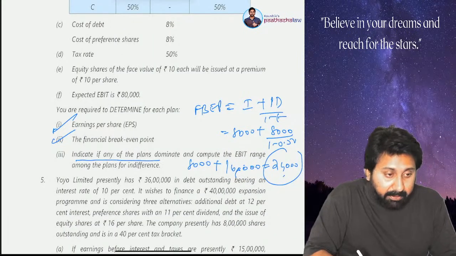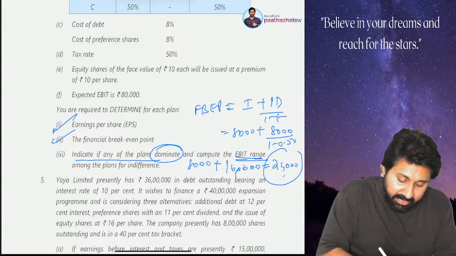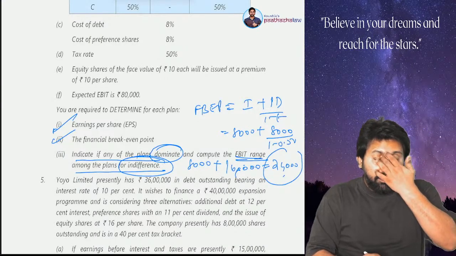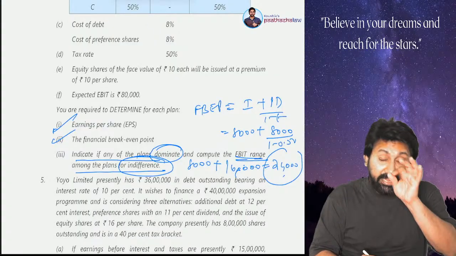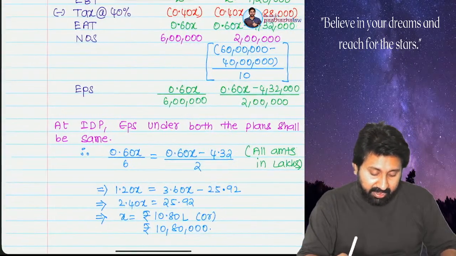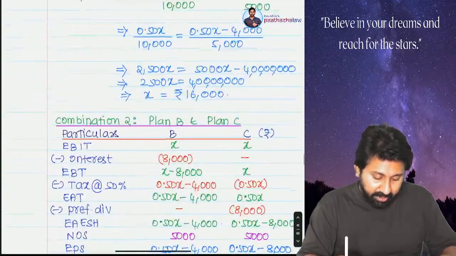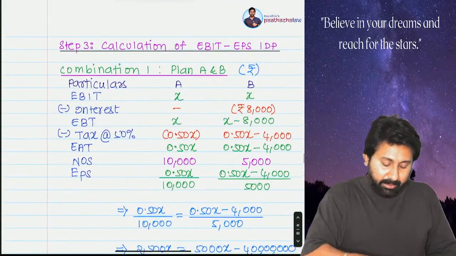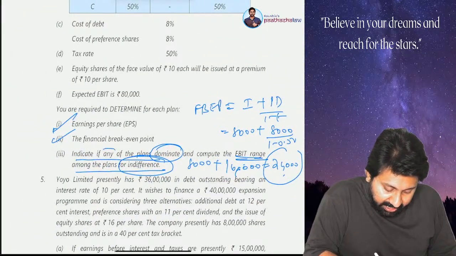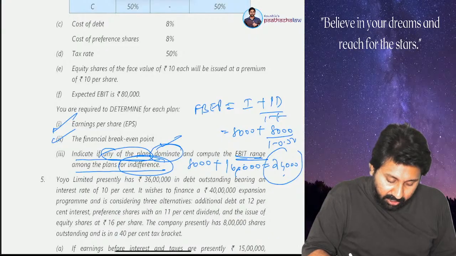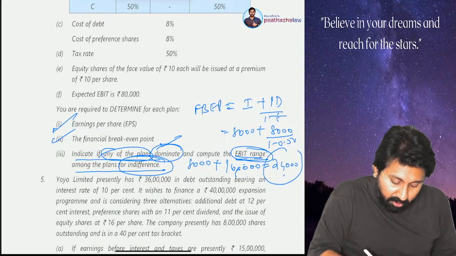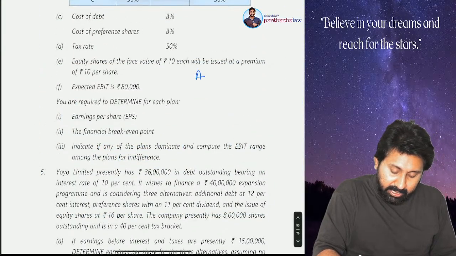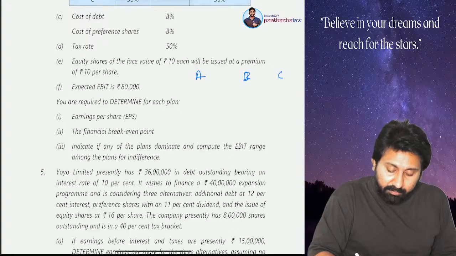Indicate if any of the plans dominate and compute the EBIT range among the plans for indifference. Whenever indifference has to be calculated, listen carefully to this concept. I have given the notes also here. There are 3 plans totally: A, B, C. What combinations are possible?